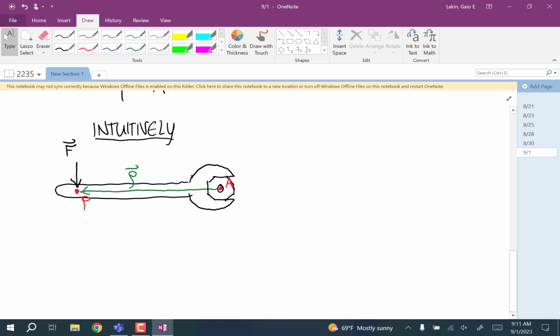What matters is the perpendicular distance. It's the component of this P minus A vector that's perpendicular to F, right? That's what the cross product does in this equation. The cross product makes sure that you're not taking into account anything that's parallel to F. Okay.